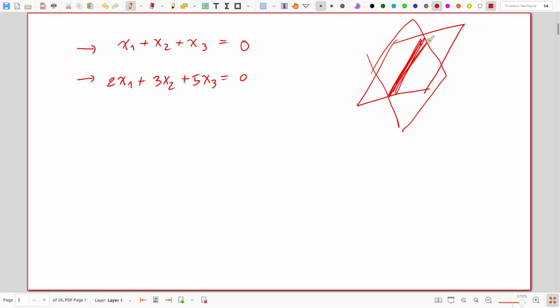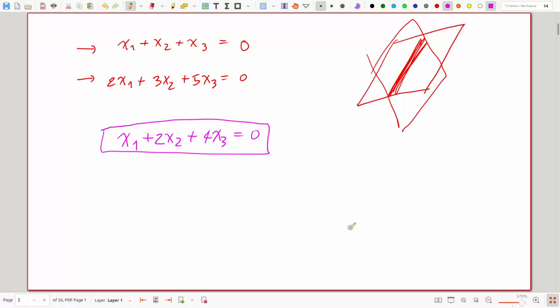So by having two equations, I change the set of possible solutions. But suppose I add another equation that looks like this: x1 plus 2x2 plus 4x3 equals 0. Does this change anything?